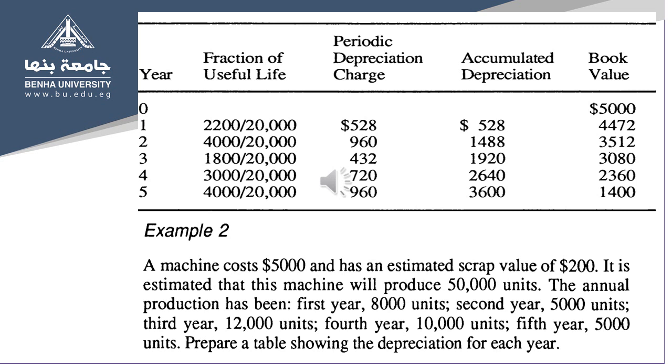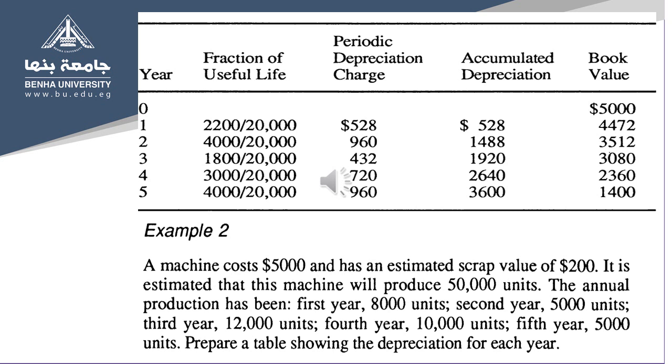Subtract 528 from 5,000 and the result is 4,472. The second year: wearing value multiplied by 4,000 over 20,000 is 960. 960 plus 528 equals 1,488. Subtracting 1,488 from 5,000 gives 3,512.